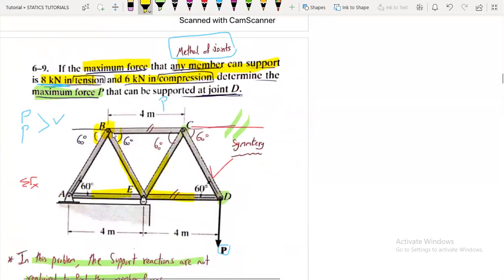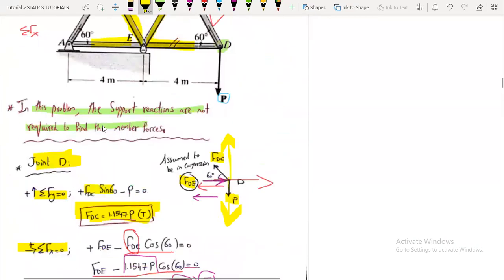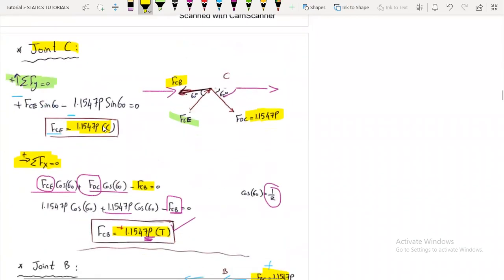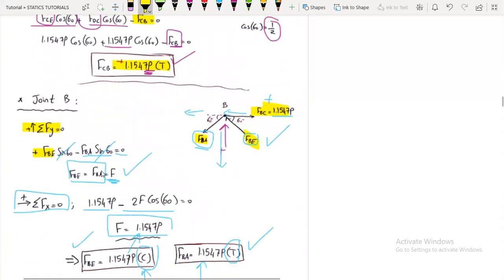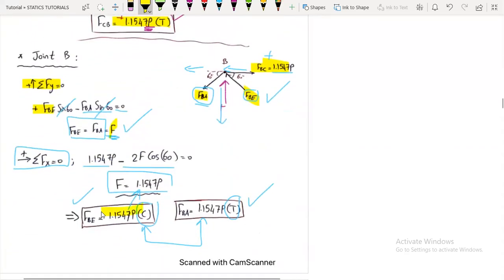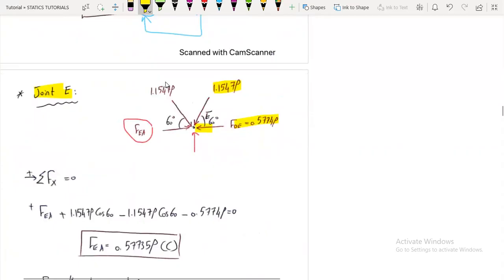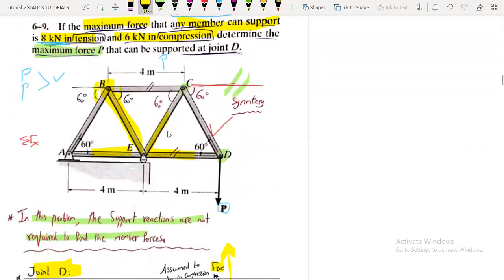Also, FBE is 1.1547P in compression. The angles are 60 and 60. Check here: these two angles are the same, forming a Z shape here, and here it's also a Z shape.